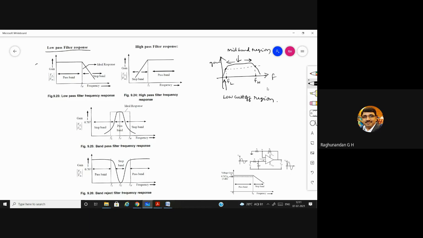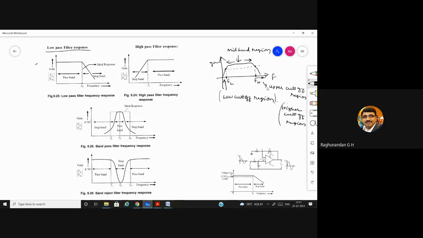After this higher frequency point, the region we have is known as the upper cutoff region or higher cutoff region. So these are the three regions of operation we have in the frequency response of the amplifier.